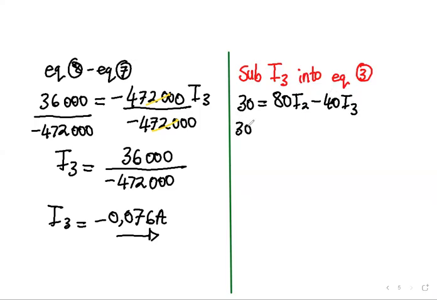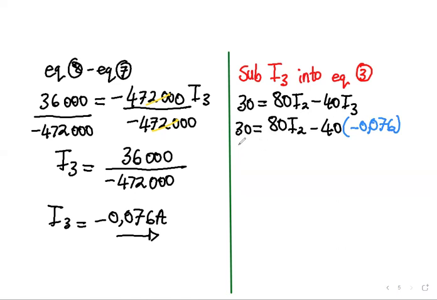So here we're gonna say 30 is equals to 80 I2 minus 40 into, now you can see that our I3, we recently got it being negative 0.076 amperes. Now we can calculate the second current, which is I2.